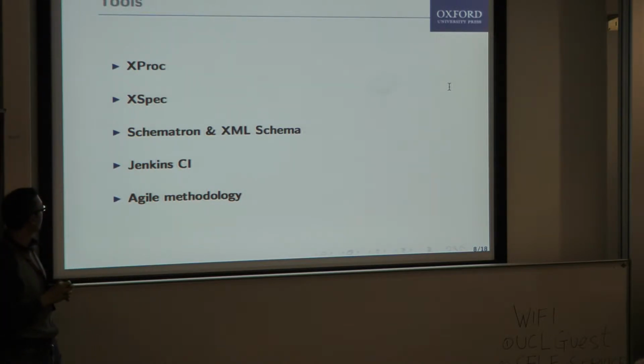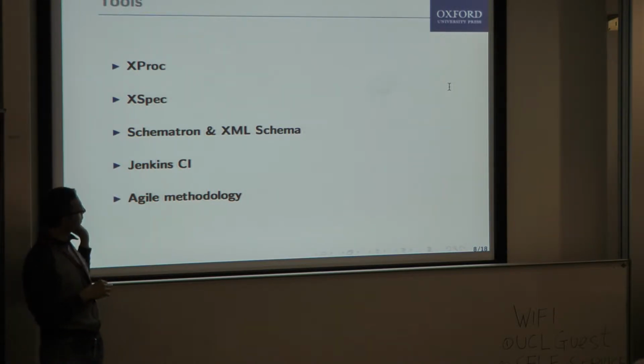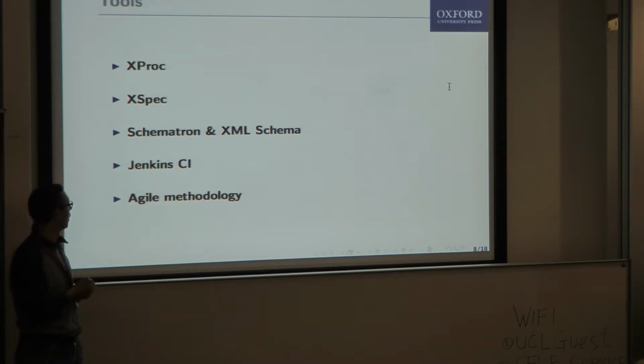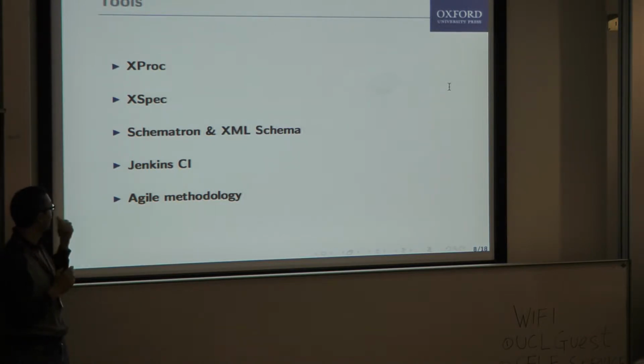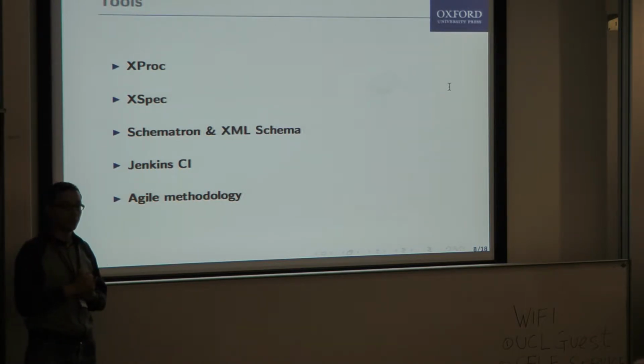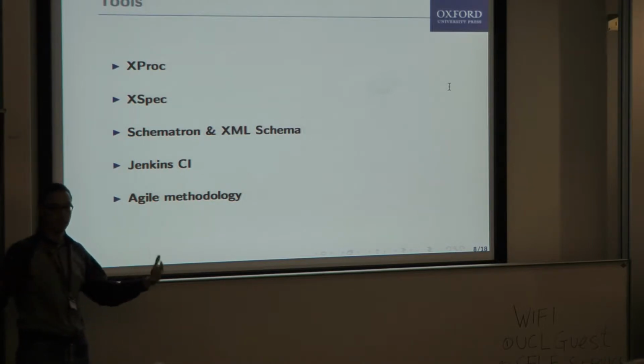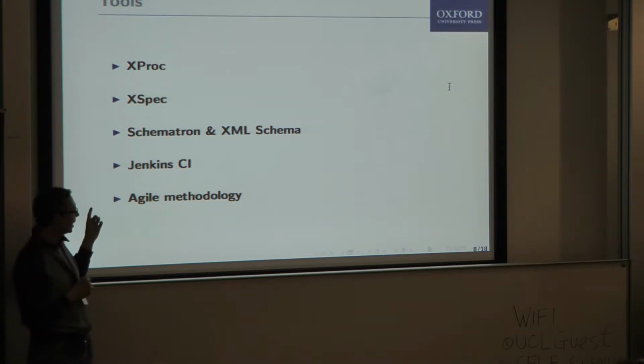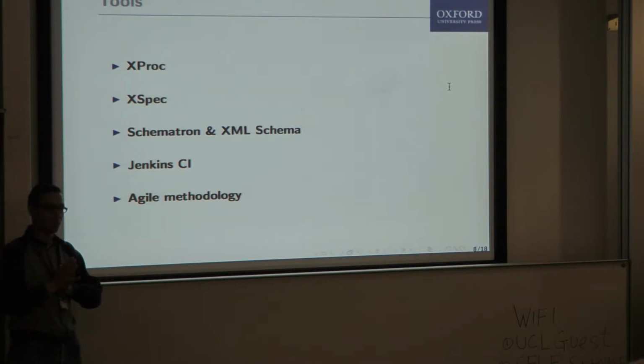We moved from DTD to XML schema, so we could take advantage of XML schema for that. And then we are using specific Schematron rules. We expanded the Schematron rules that we had for the legacy data model. We are using the Jenkins continuous integration server.